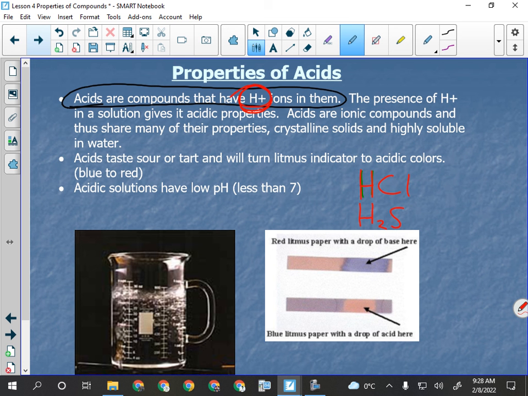Which one of these would be stronger? The first one? Nope. The second one, because it can give up more H+. How many H's does it have? 2, right? So when this hits water and dissolves, it's going to break up into 2 hydrogen plus ions and 1 sulfur ion. That means it's going to contribute more H+ to the solution, which will cause it to be more acidic. So the more hydrogens something can give, the stronger it will be.